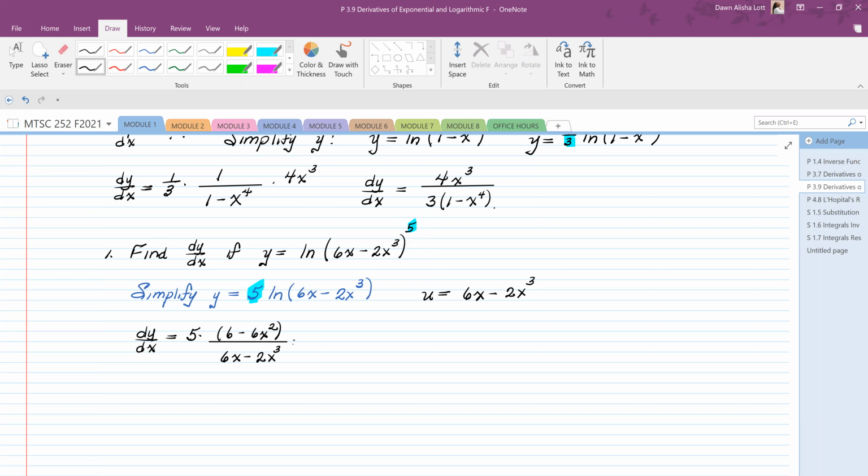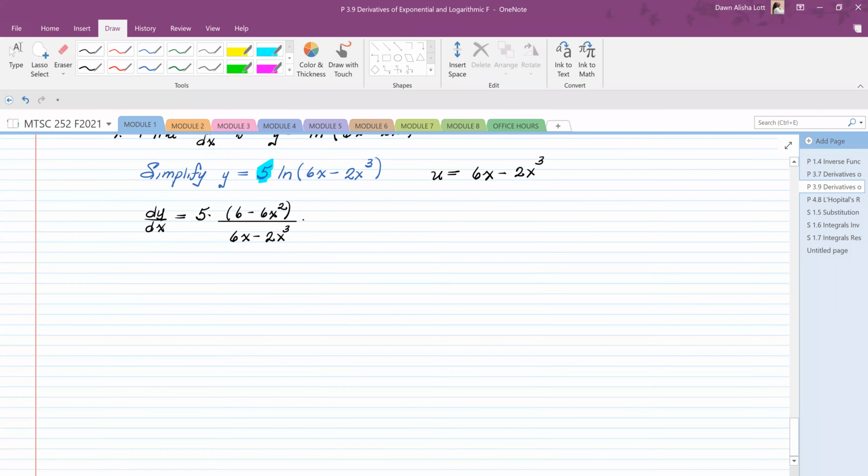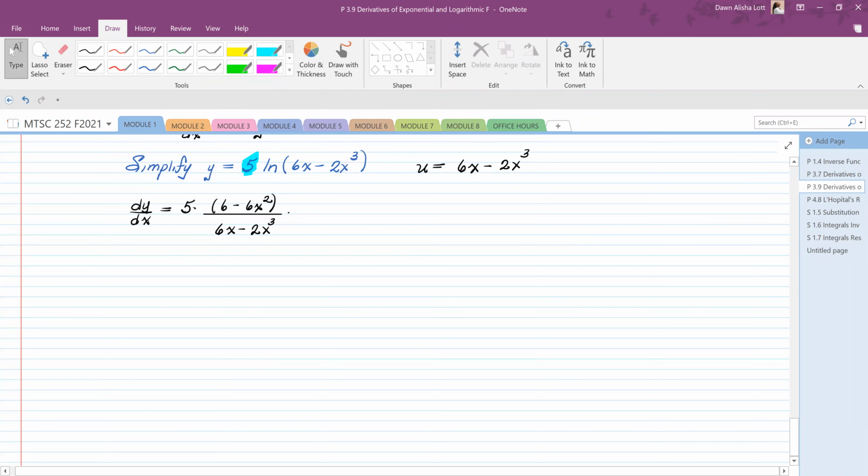Okay. All right. So here's the difference. Let's clear up this confusion. So here's y is equal to the natural log of 6x minus 2x cubed to the 5th power, right?